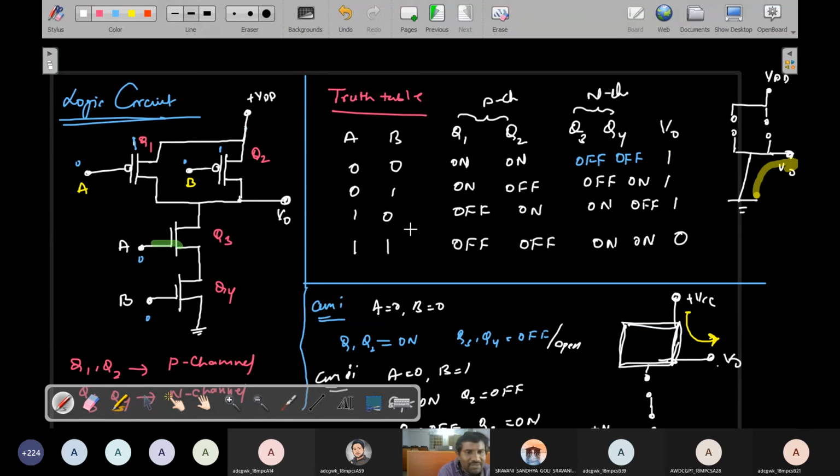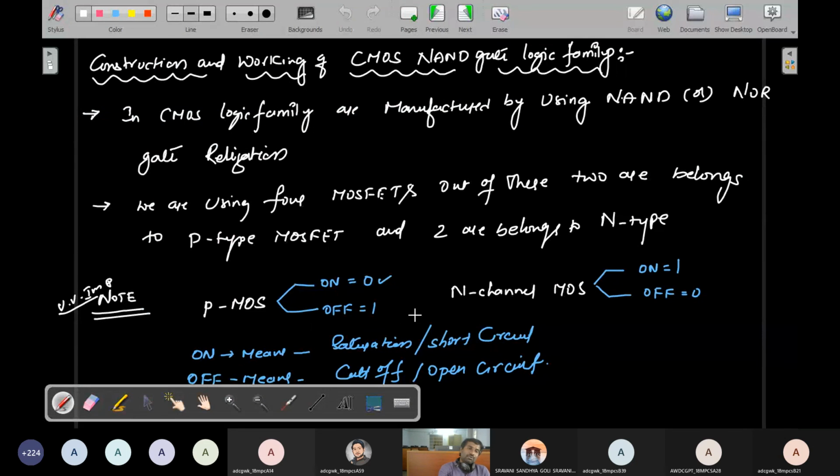Understand everybody? The very easy logic. This is the very important key point, because if you learn these things, then only you can easily explain the truth table. PMOS is on when we give 0 logic, and PMOS is off when we give logic 1. For the n-channel MOSFET, NMOS is on when you give a high logic value, and NMOS is off when you give 0 logic.